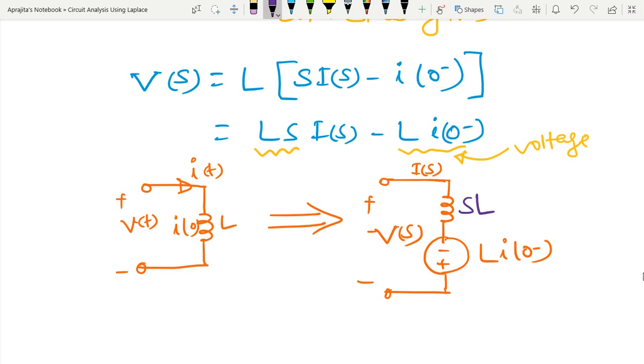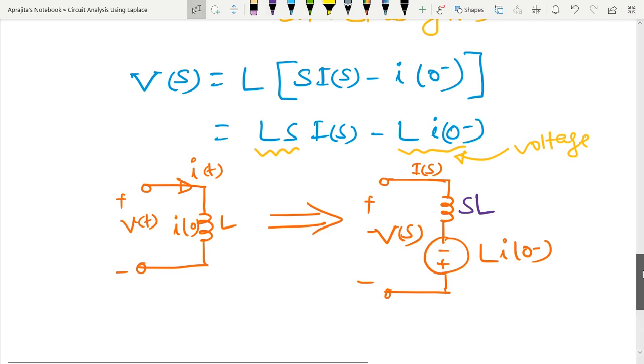Now I am going to interpret the same kind of thing in terms of current, because if you try to see the circuit in terms of voltage, then the effect of the initial condition just looks like some kind of independent voltage source of magnitude L I0 added in series with this particular inductor, or some kind of, I am also calling this a complex resistance, because the behavior is now exactly the same as the resistor.